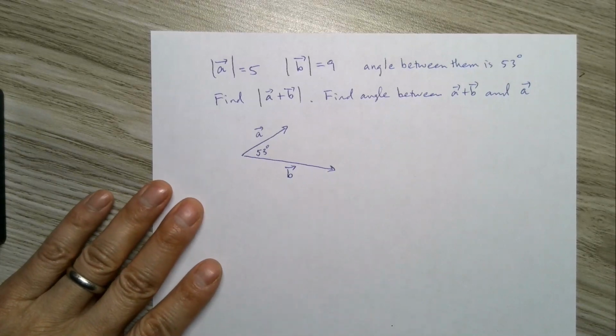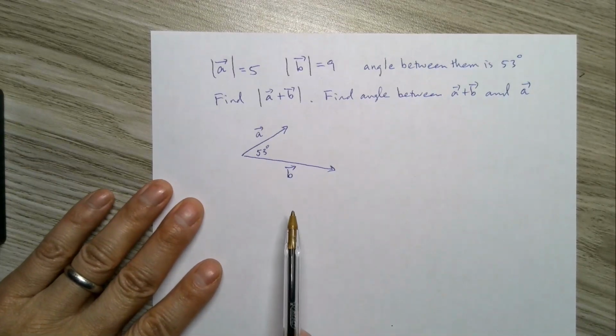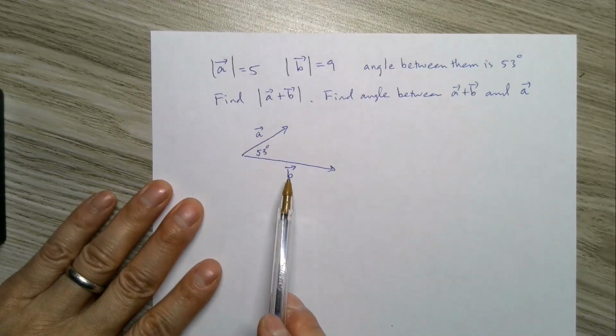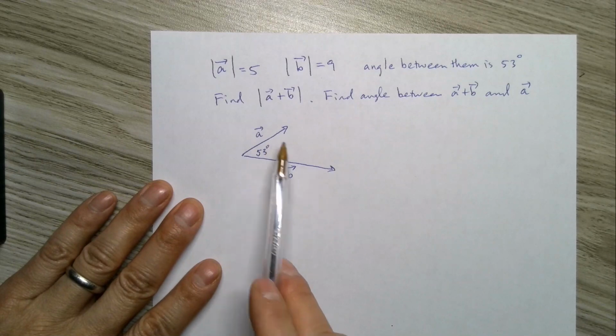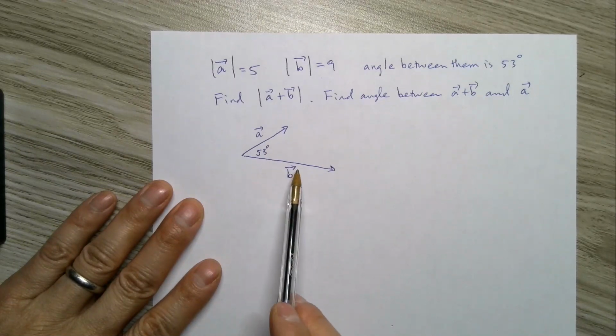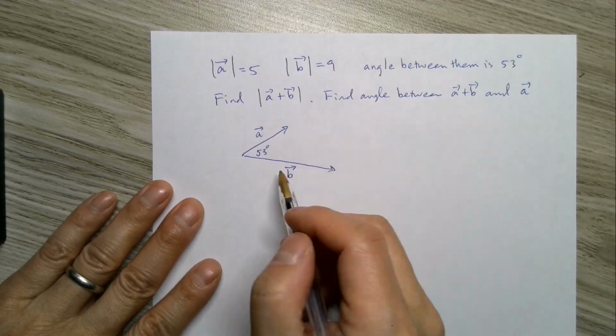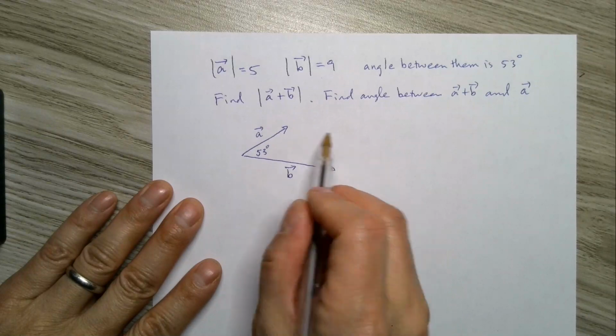Now, if I'm looking for the sum of A and B, that means I have to put the tail of B on the head of A. So this B, where I drew it, is in the wrong place. I got to shift it up. So I'm going to move this vector so that it's over here.